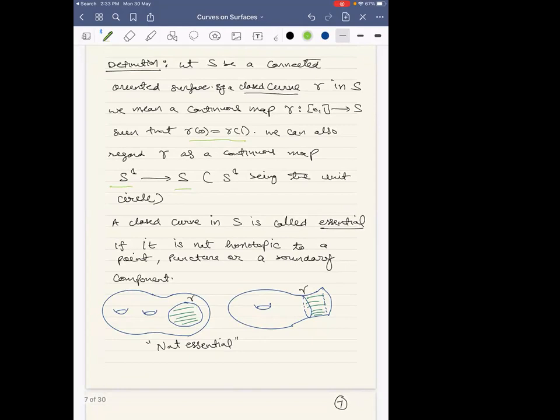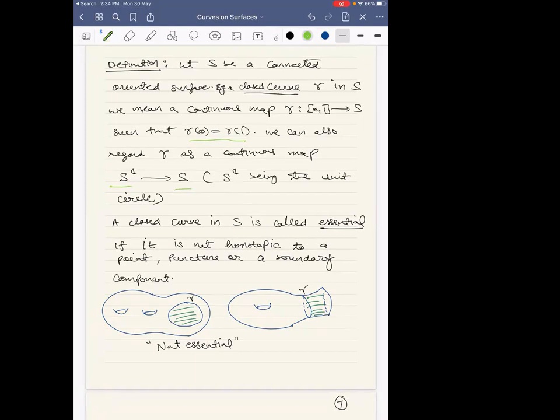Then we will be interested in a special kind of closed curves, which are called essential. A curve is called essential if it is not homotopic to a point, a puncture or a boundary component. In the picture, you can see some of the curves which are not essential. In the first picture, you can see this curve gamma, which is null homotopic, just homotopic to a point.